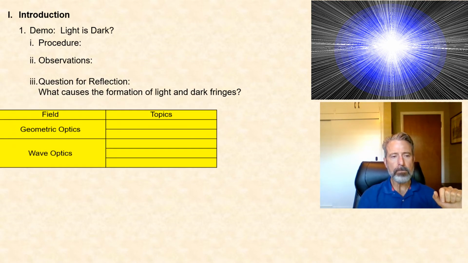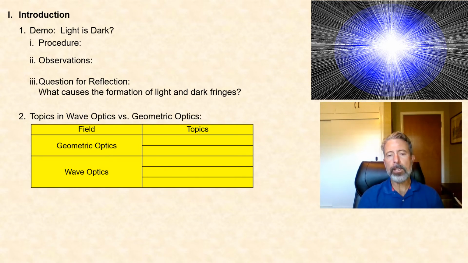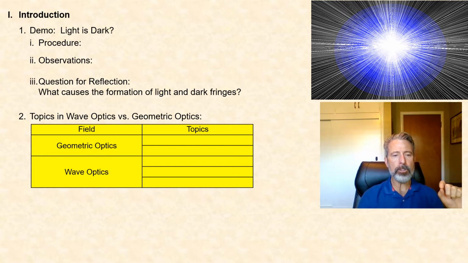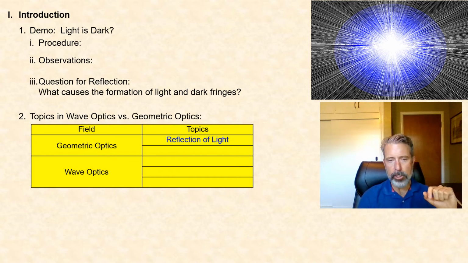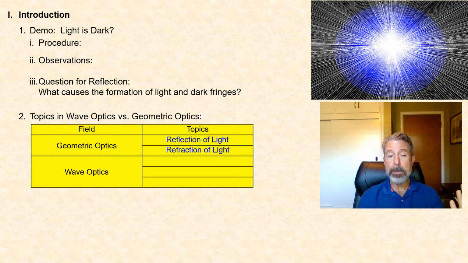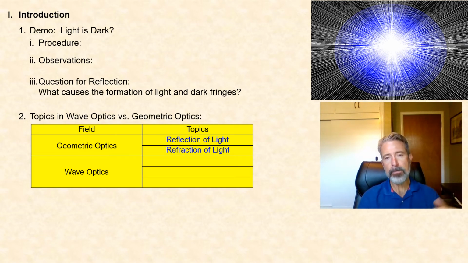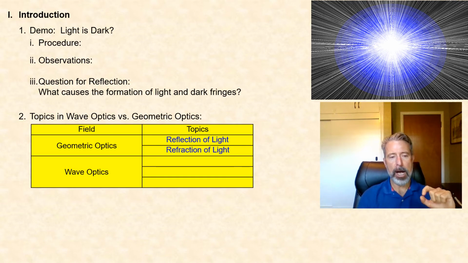When we're dealing with topics like the reflection of light and the refraction of light, the field of geometric optics, then the ray model of light was sufficient to be able to explain both of these phenomena.